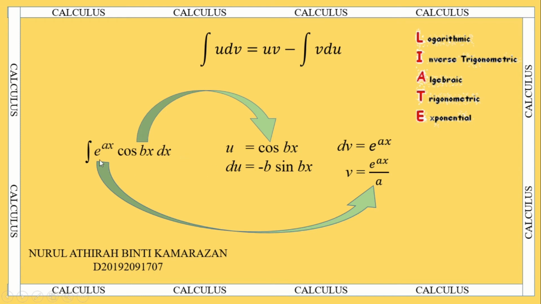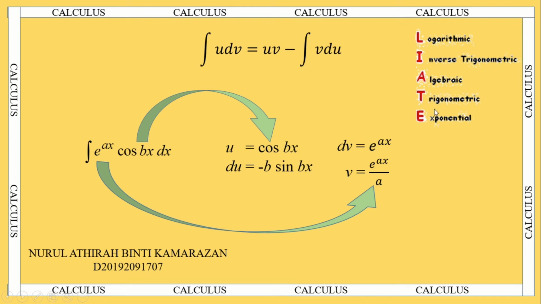This is a question: the integral of e power of ax cos bx dx. There are two functions here. First, e power of ax, and second, cos bx. Before we start calculating, we need to see what becomes u and dv.